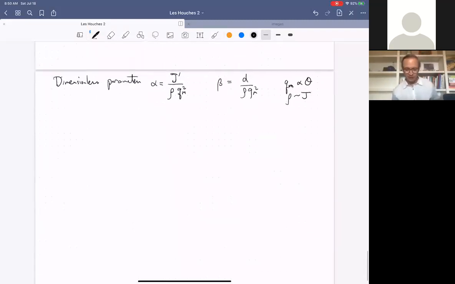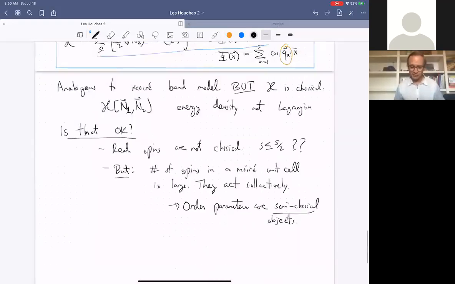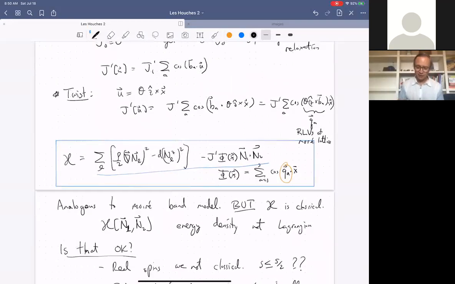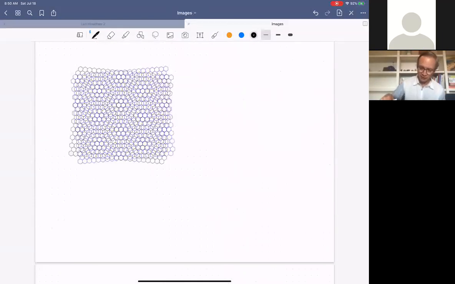Consequently, there's a sort of two-dimensional ground state phase diagram, which answers the question of how we minimize the integral of this energy density for different values of rho, D, and J prime. Here's what it looks like.